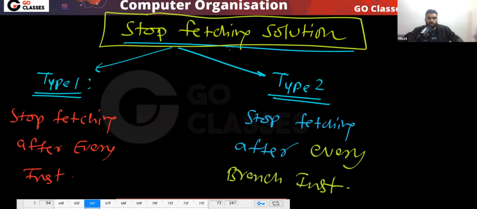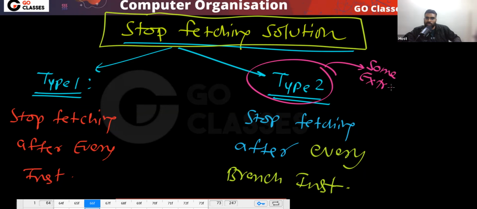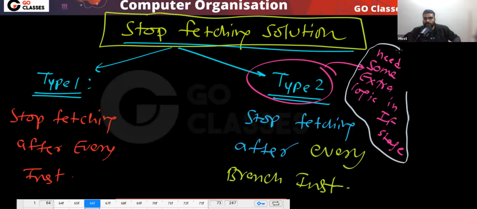So for type 2, we need some extra logic in the IF stage. If you want to implement this solution, you need some extra logic in the IF stage. Are these two solutions understood?